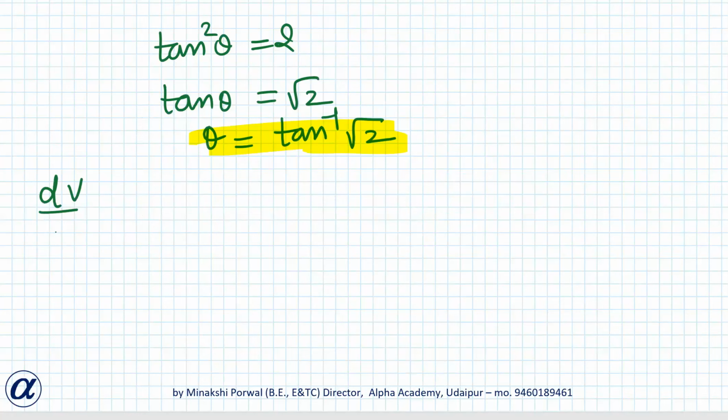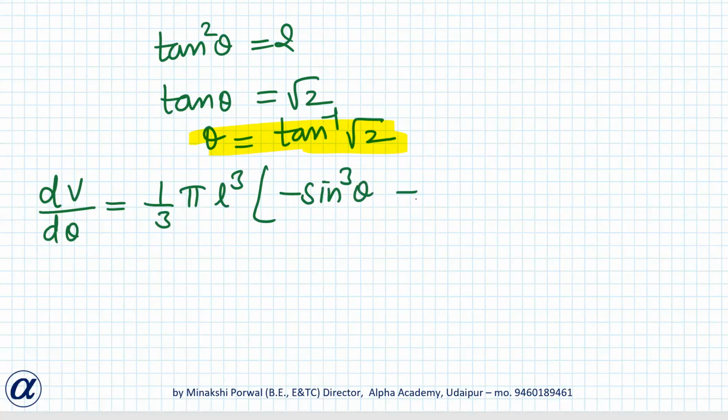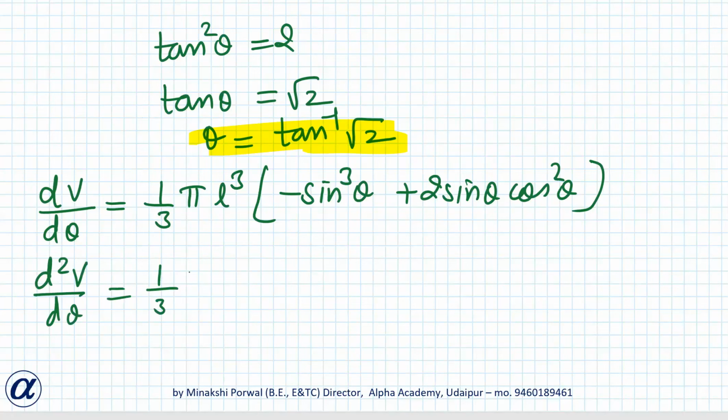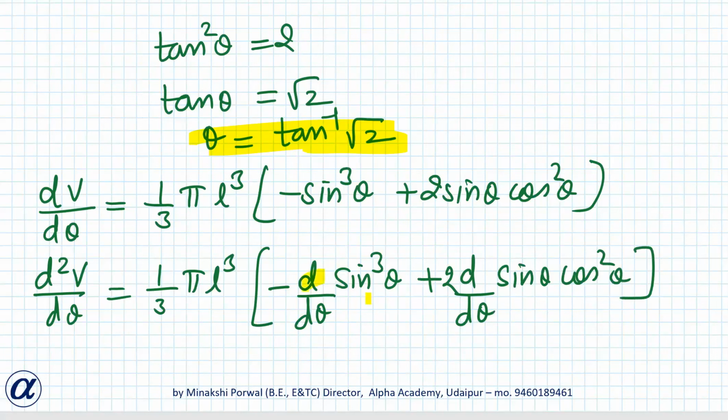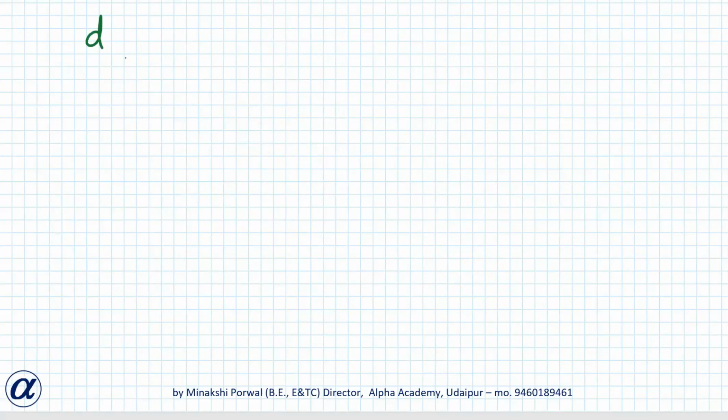So dV by d theta is equal to 1 by 3 pi l cube times minus sine cube theta plus 2 sine theta cos square theta. The second derivative is equal to 1 by 3 pi l cube times d by d theta of sine cube theta plus d by d theta of sine theta cos square theta. We'll find these derivatives separately and substitute here. First, d by d theta of sine cube theta.